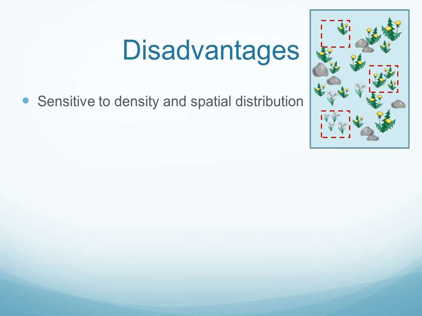We don't know when we see a change in frequency whether it's due to a change in density, a change in the spatial distribution, or both, unless we collect other information at the same time as the frequency data. It's sensitive to quadrat size.